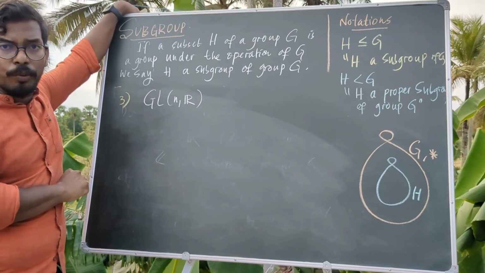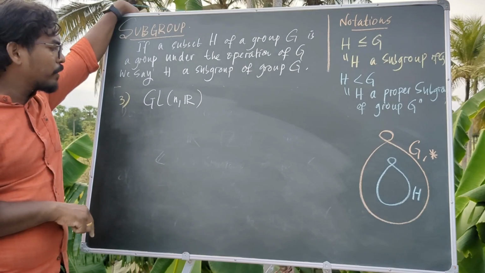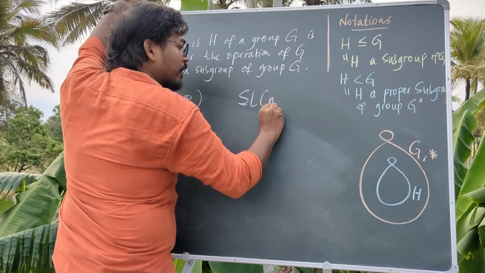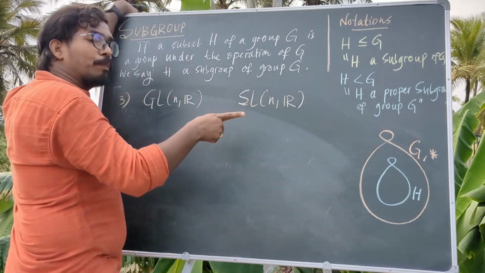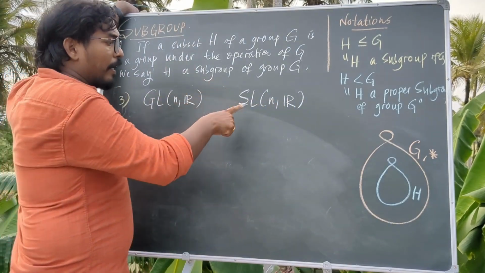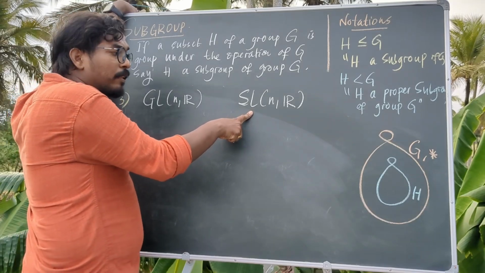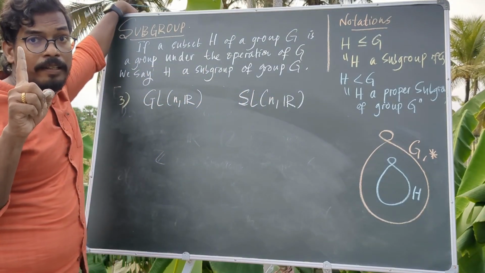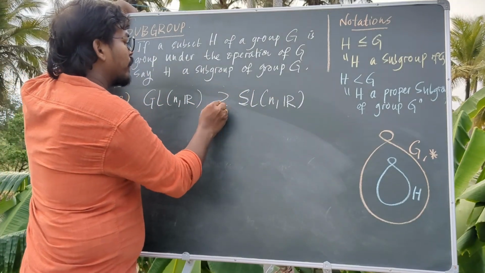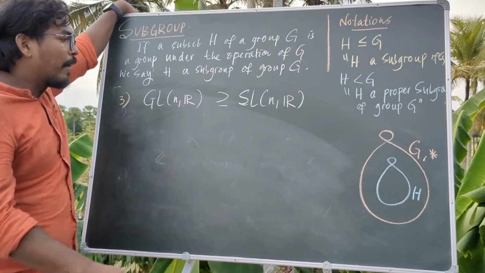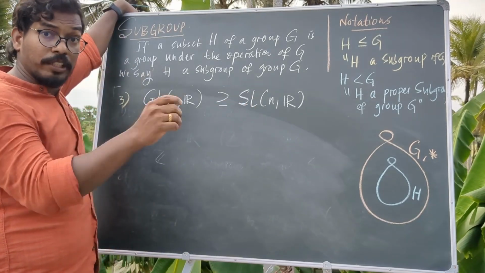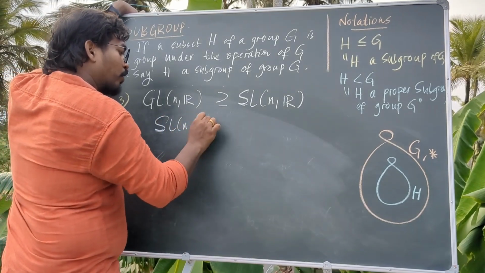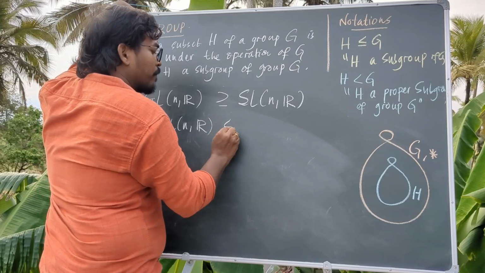This will form a group under matrix multiplication, and here we have another group, the set of all square matrices of order n with real entries whose determinant is 1, and this is obviously a subset of this set, and this forms a group. We have also seen this, so we can say SL_n(R) is not only a subset of this set, it is a subgroup.